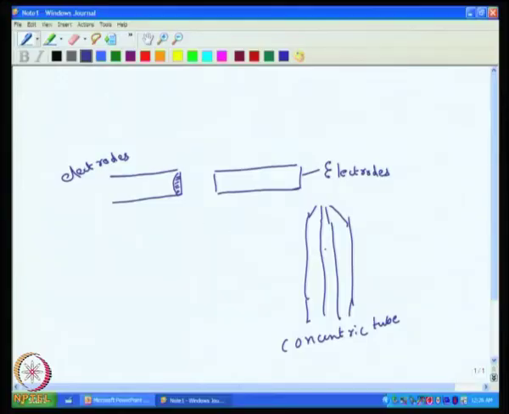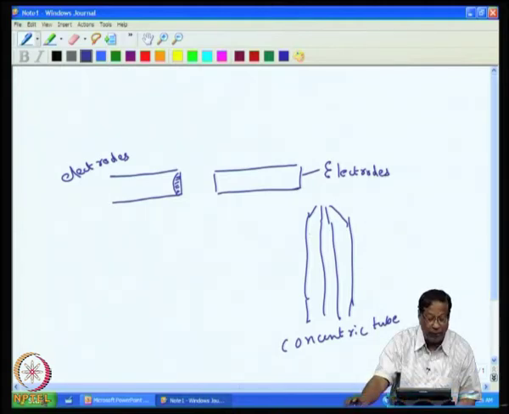Through a small capillary tube mounted in between the torch assembly, what I had shown you earlier, the concentric tubes what we are having here.